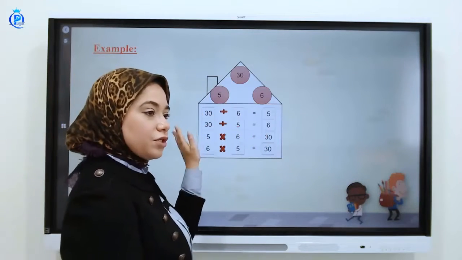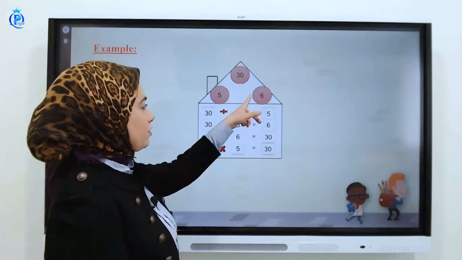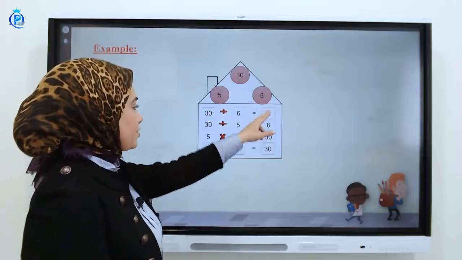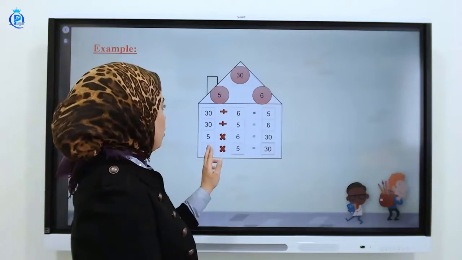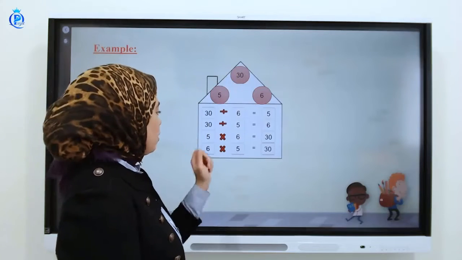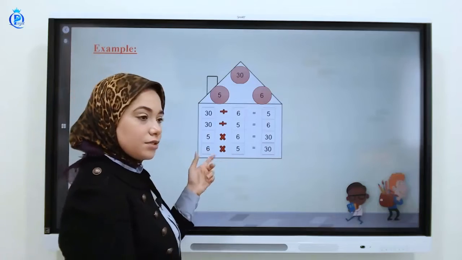This is the division. What about multiplication? 5 times 6 equals 30, or 6 times 5 equals 30. So I can exchange 5 times 6 or 6 times 5.